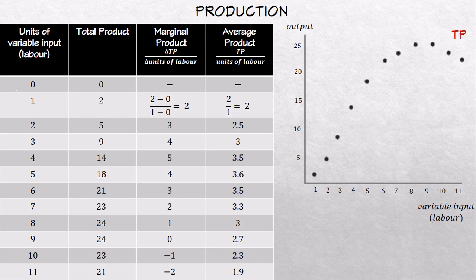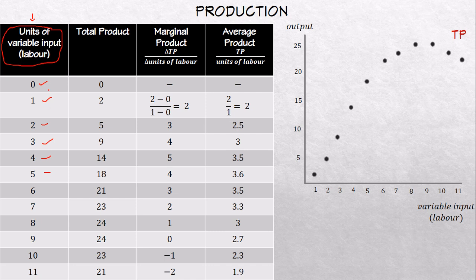So in this table over here, on this side, this contains the units of variable input, which we are taking as labor. So the first over here, if we don't have any labor, so if there are no farmers, if you have just one farmer, if you have 2 farmers, if you have 3 farmers, 4, 5, 6, 7, 8, 9, 10, 11.